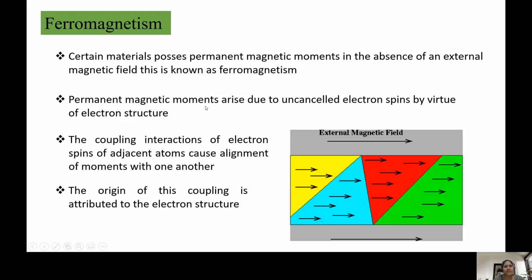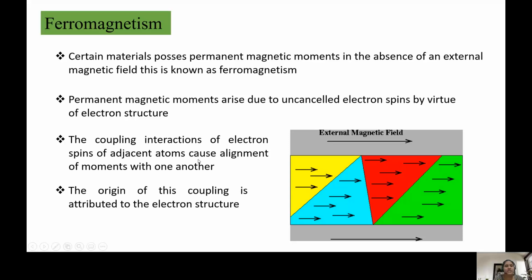Permanent magnetic moments arise due to the uncancelled electron spins by virtue of the electron structure. So the presence of uncancelled electron spins, due to the unpaired electrons in the material, produces the ferromagnetism. So this is also said to be the permanent magnets. Here the coupling interactions of electron spins of adjacent atoms cause alignments of moments with one another.